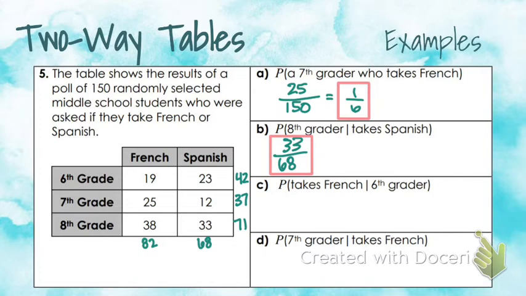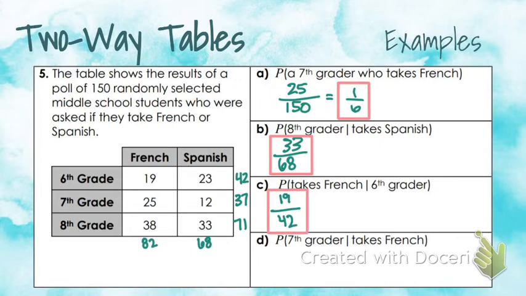Okay, part C. The probability that someone takes French given that they're a 6th grader. So if we know they're a 6th grader, we only have 42 choices. And of those 42 choices, 19 of them take French. And you cannot reduce that fraction either.